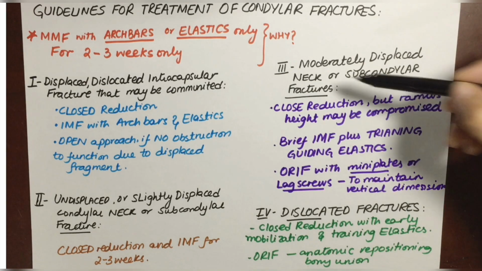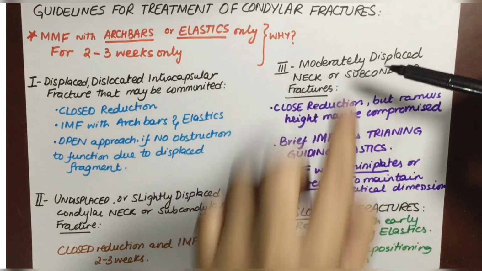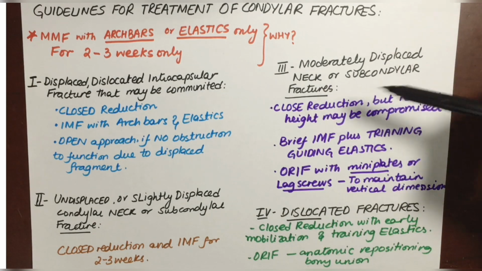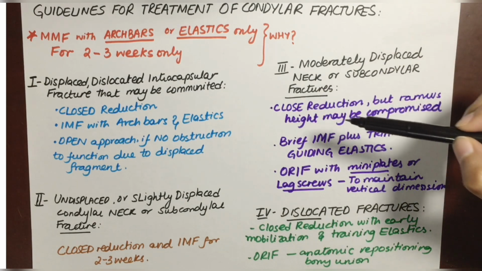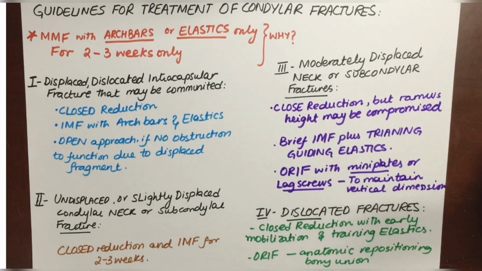If there is a moderately displaced neck or subcondylar fracture, closed reduction can be performed, but it can compromise the ramus height.